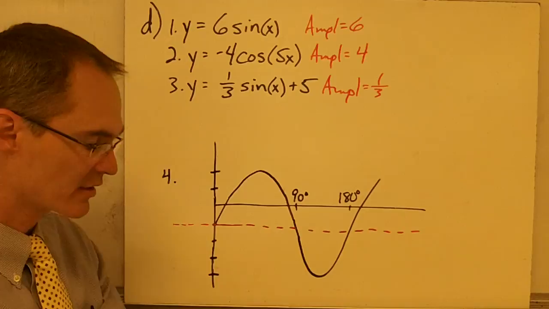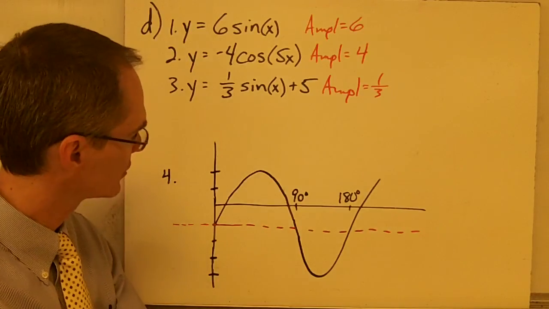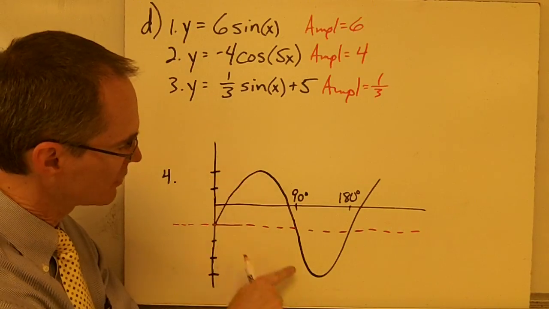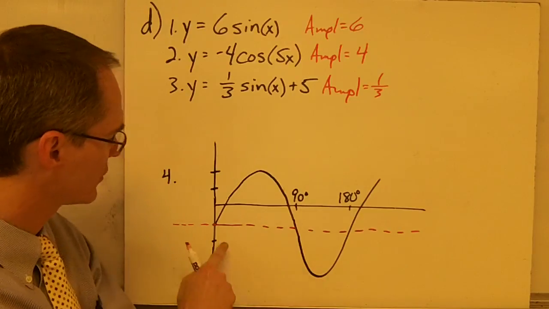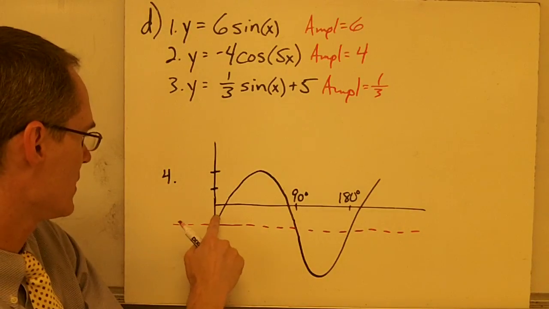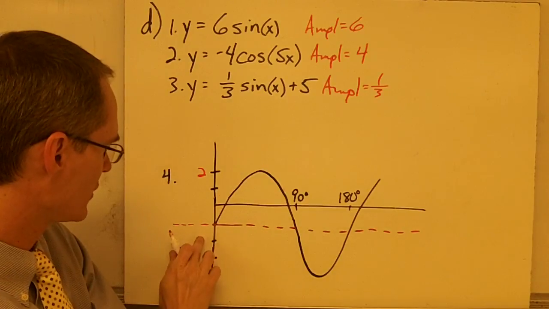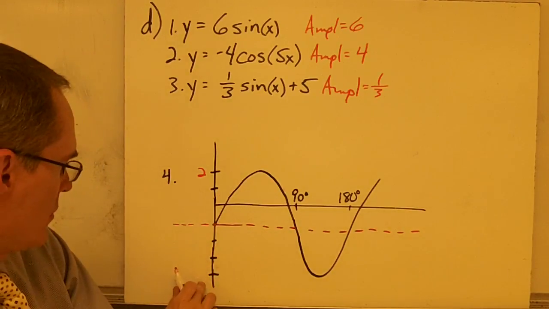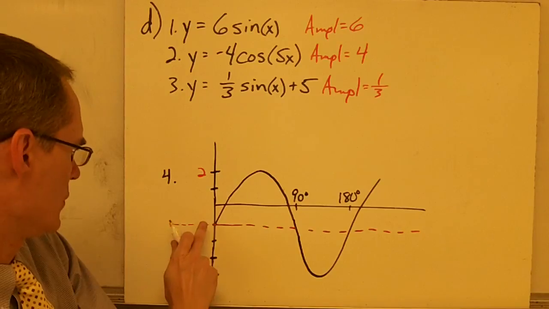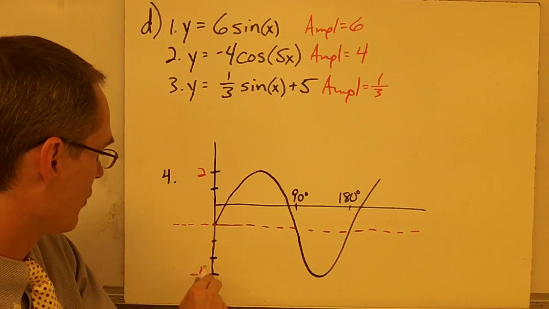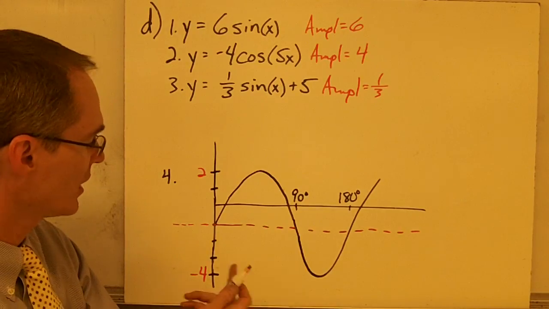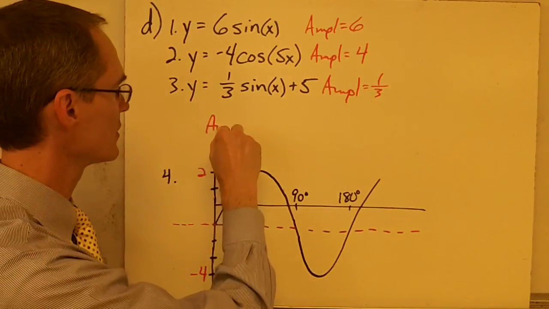And so now I can use my formula for the amplitude, that is the maximum value minus the minimum value divided by 2. Well, my maximum value, it looks like, is at 2. My minimum value is, let's see, 1, 2, 3, negative 4. So I can calculate my amplitude using my formula.